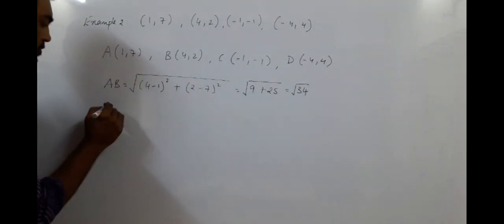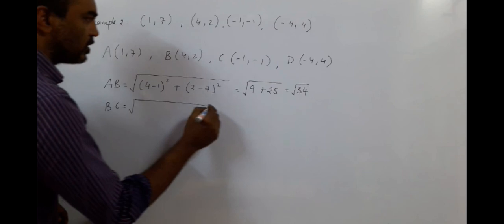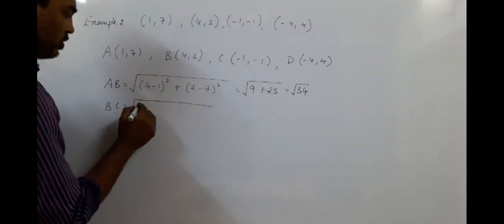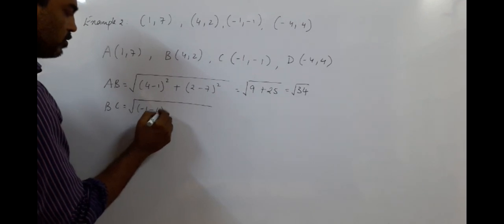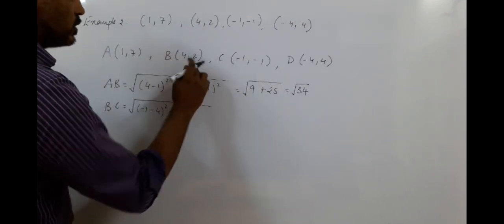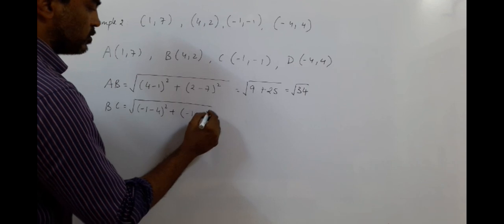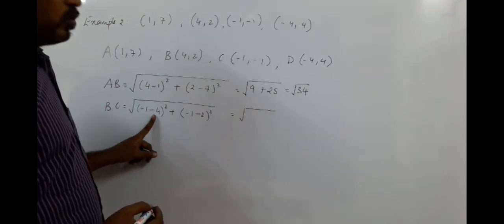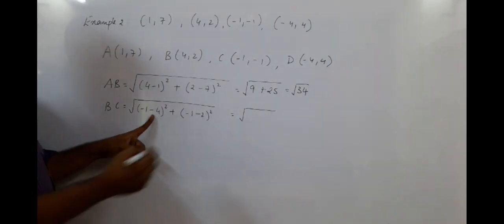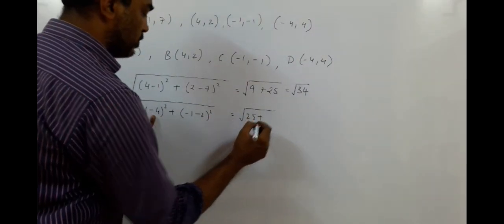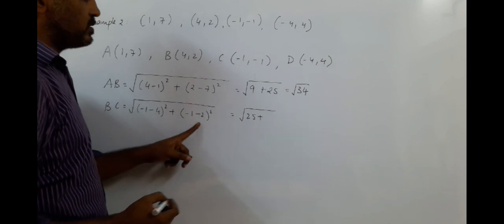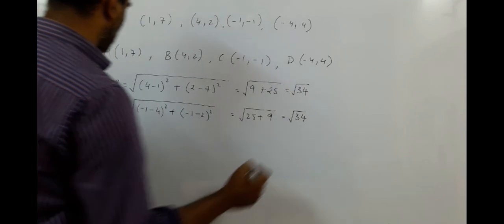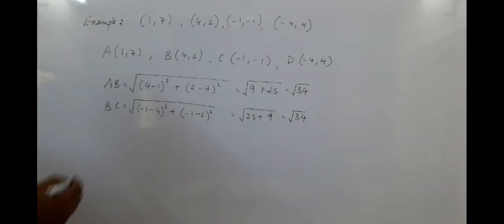Let us see BC. This time x1 y1 x2 y2: minus 1 minus 4 whole square plus minus 1 minus 2 whole square. Minus 1 minus 4 is minus 5, the whole square is 25, plus minus 1 minus 2 is minus 3, whole square is 9, root 34. So AB and BC are equal.